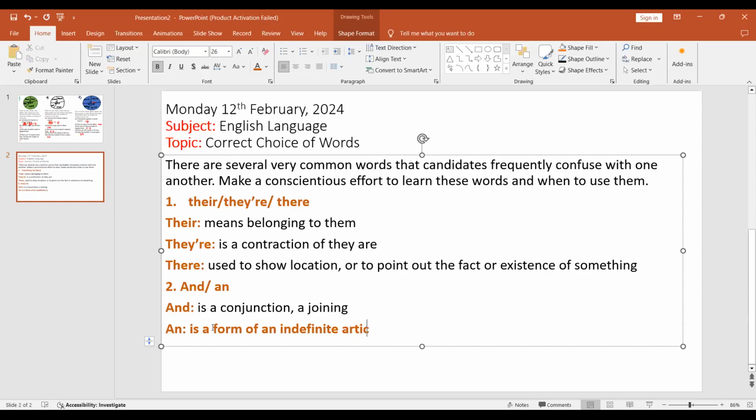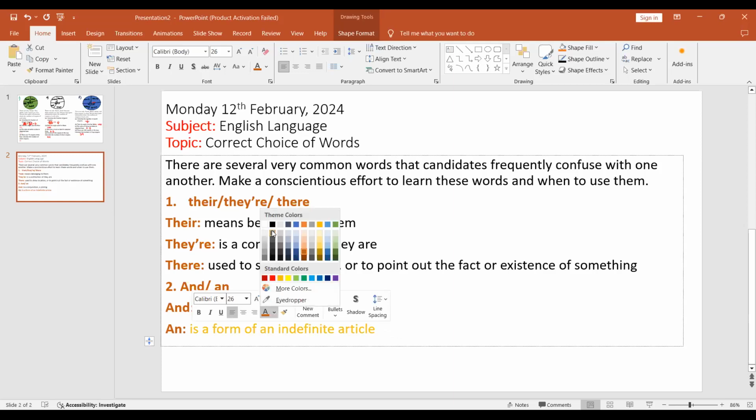And we use it in front of what type of words? Words that start with a what? Come on, this is grade 2 stuff. Words that start off with what? Vowel. Someone said it, a vowel. So we use "an" in front of words that start off with a vowel. Okay?